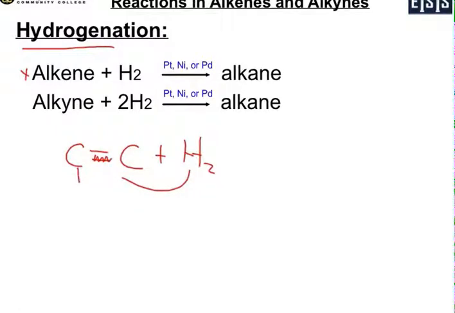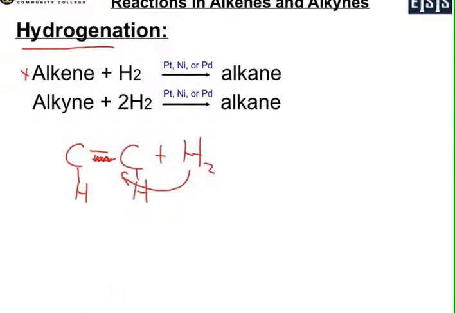That leaves those carbons now free to create two new bonds, each one with another atom. And that's where your hydrogen is going to come in. So the hydrogen comes in, breaks the double bond, and puts a hydrogen on each of the carbons.